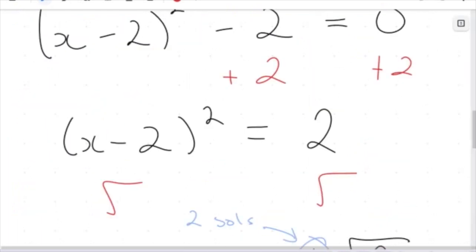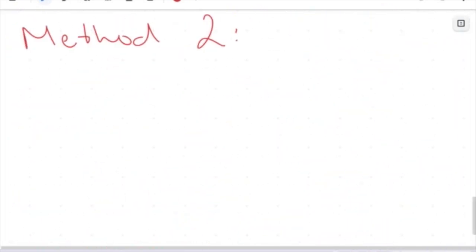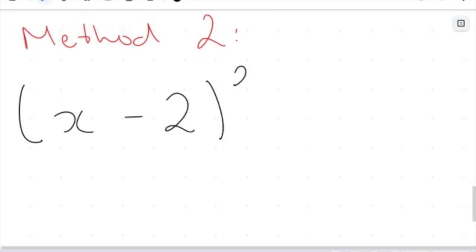So what I'm going to do is write this out again and look at another method here. Now, some of you may prefer this method, some of you may prefer method 1. It's up to you to choose how you want to go about doing something like this. But this way is more aligned to what we looked at with quadratic equations when we looked at regular factorization and solving.